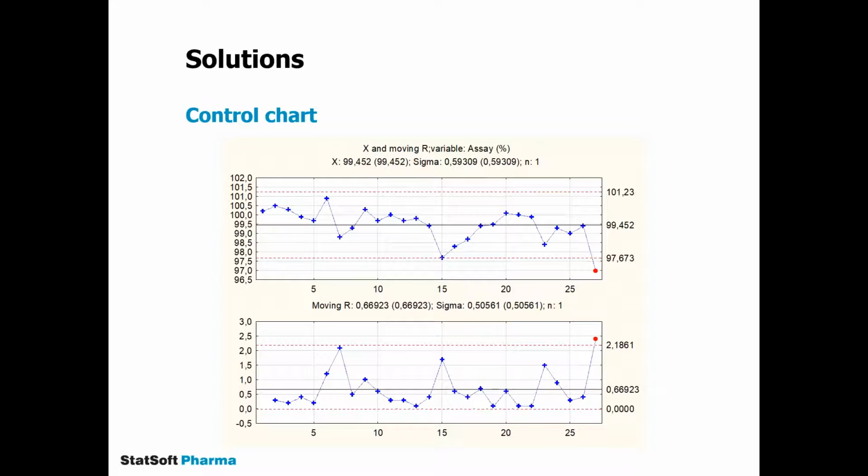A reliable way to separate common from special causes of variation is control charts. A typical control chart consists of observations collected in chronological order and three horizontal lines showing the central tendency and the upper and lower control limits, which include a band of natural process variation.